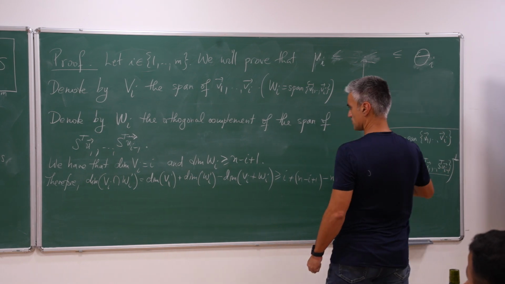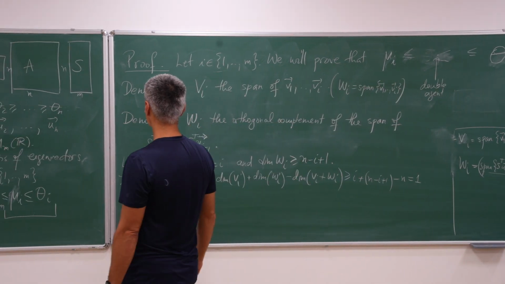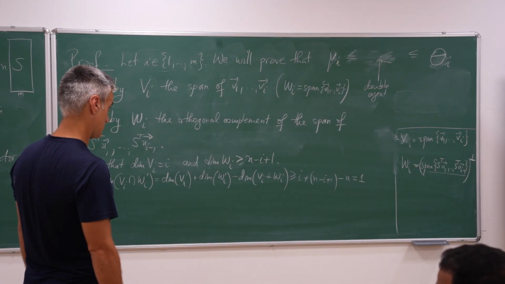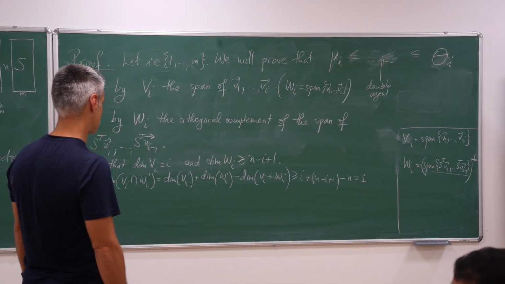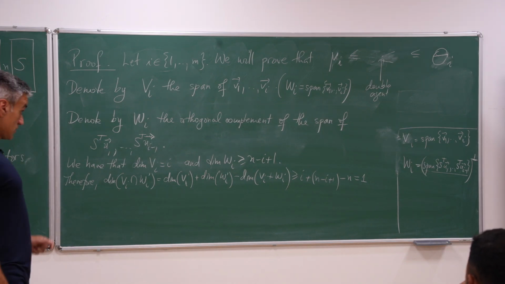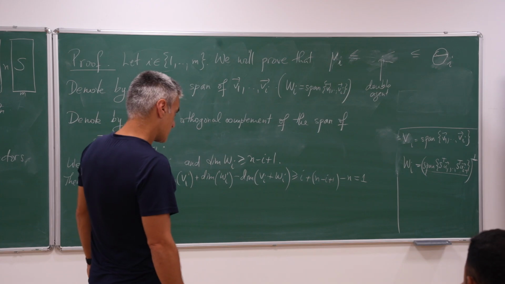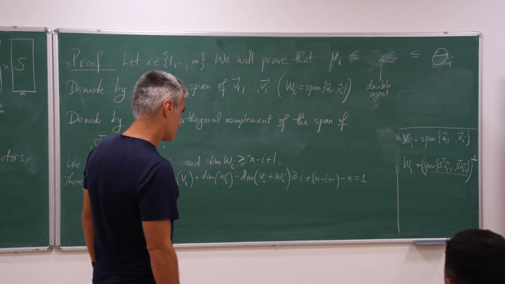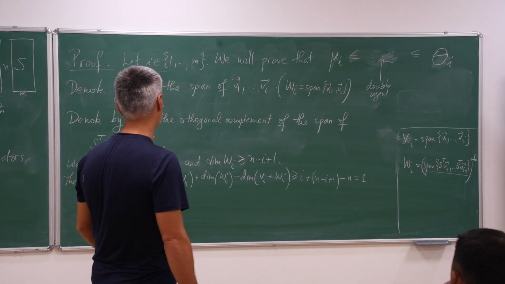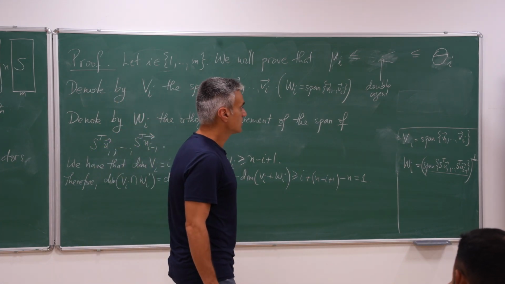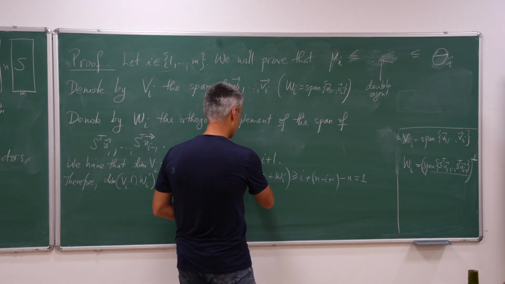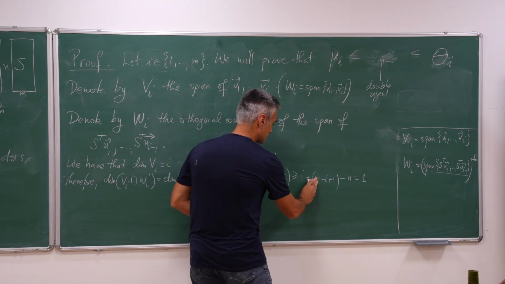Those V's are eigenvectors of B. What did I mess up here? I think I just messed up the dimension here. This is probably m. Sorry, that's all. Thank you.